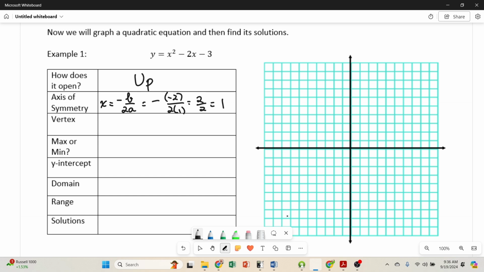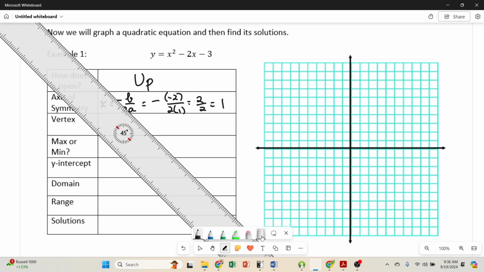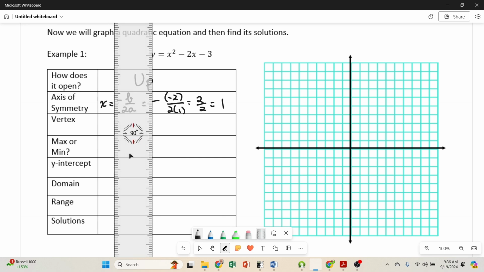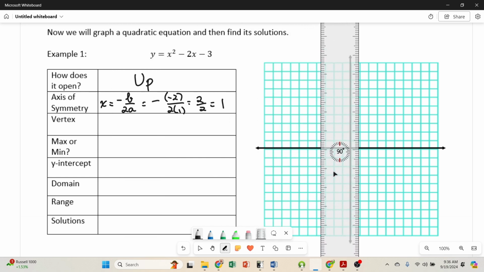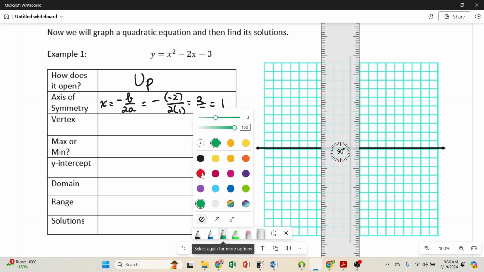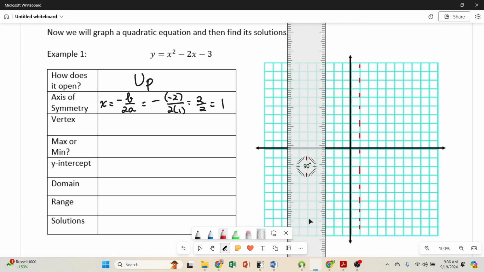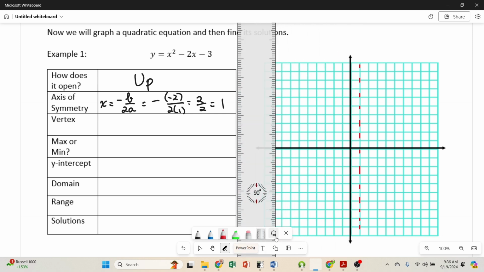So our axis of symmetry is going to be just like this here. Okay, and let's put a little dotted line right down the middle here. So there's our axis of symmetry.